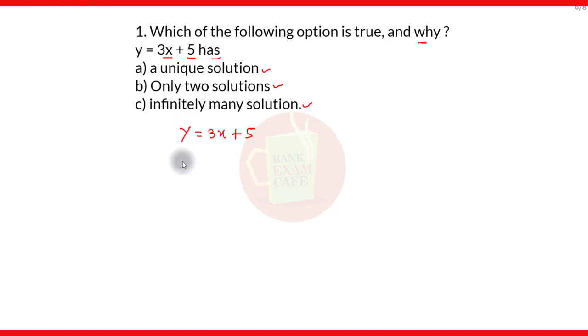For x is equal to 0, y is 3 multiplied by 0 plus 5. 3 zeros are 0, plus 5, so y is equal to 5. So the first set of solution is (0, 5).